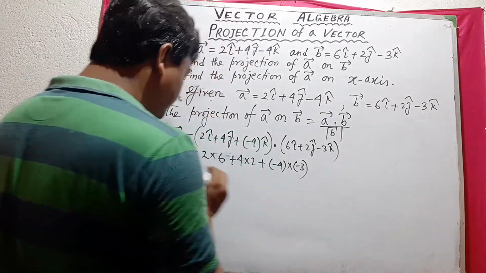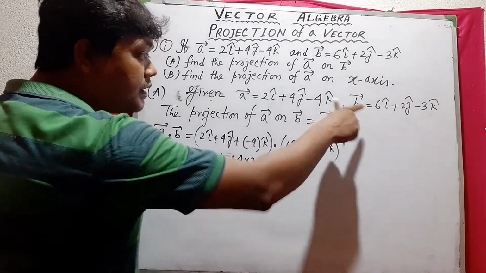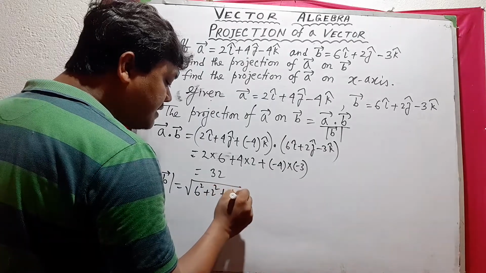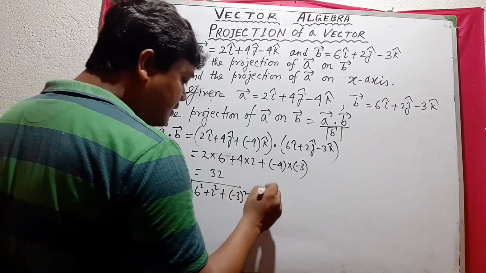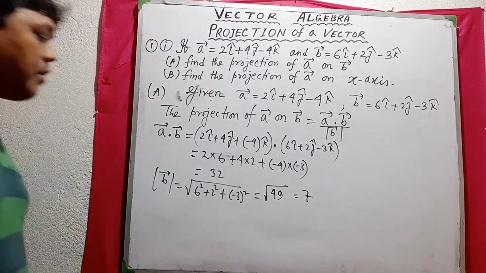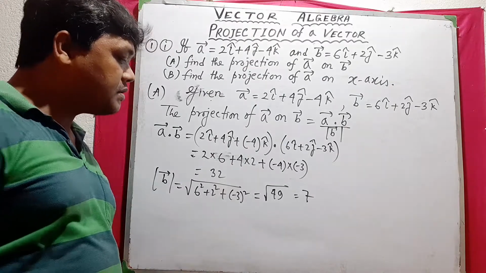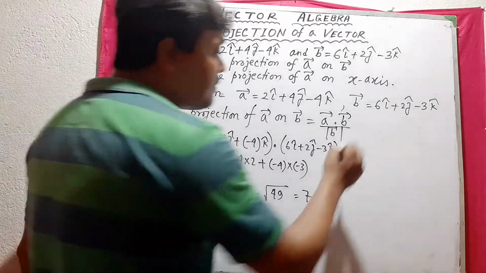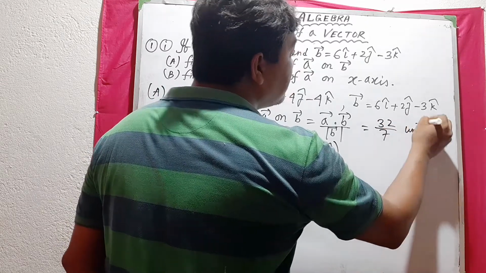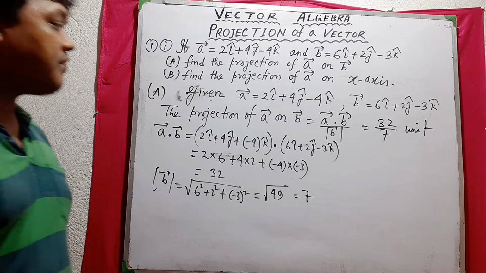Mod b equals square root of 6 square plus 2 square plus minus 3 whole square, that is 36 plus 4 plus 9, 49, square root of 49, that is 7. So the value is 32 by 7 unit. That is the projection of A on B. This is the first part.